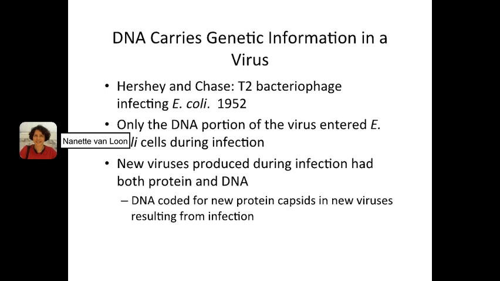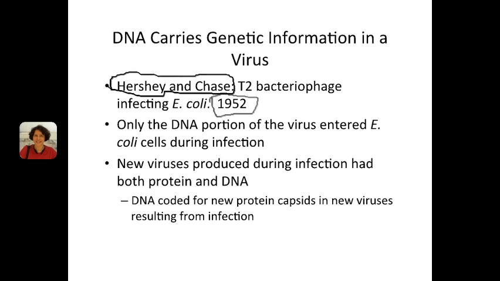Now we're going to accumulate even more evidence in favor of DNA as the carrier of genetic information. This experiment was published in 1952, and it was performed by Alfred Hershey and Martha Chase. They were working on a very interesting system using a bacteriophage called T2.